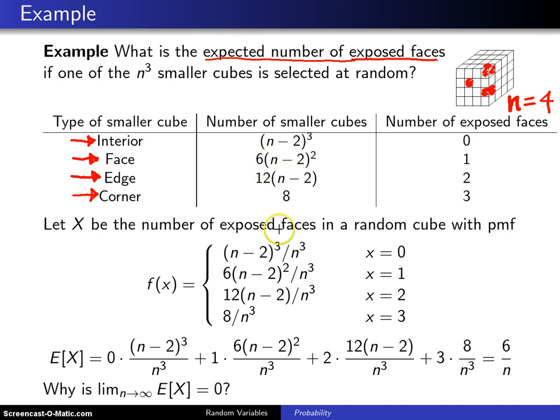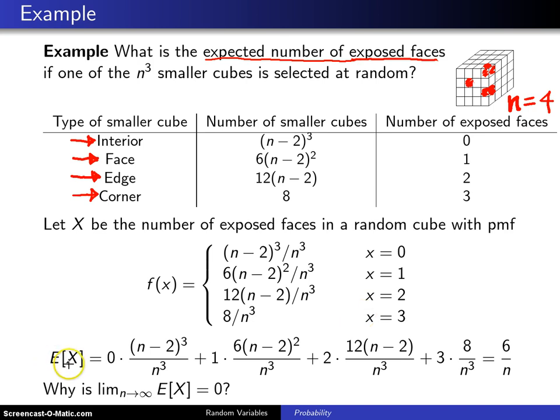Likewise, you can take your 6 times n minus 2 squared, divide it by n cubed, and that corresponds to x equals 1 exposed face. 12 times n minus 2, also divided by n cubed, corresponds to 2 exposed faces. And finally, 8 over n cubed corresponds to 3 exposed faces.